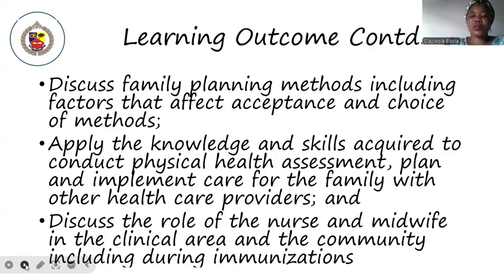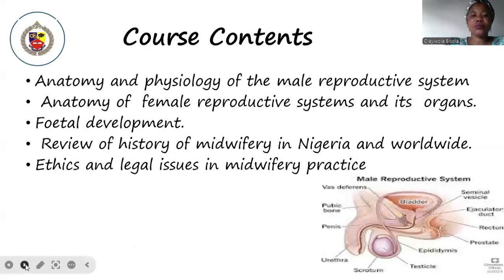Also, you should be able to apply the knowledge and skills acquired to conduct physical health assessments, plan and implement care for the family with other healthcare providers, and also to discuss the role of nurses and midwives in the clinical area and also the community setting, including during immunization.